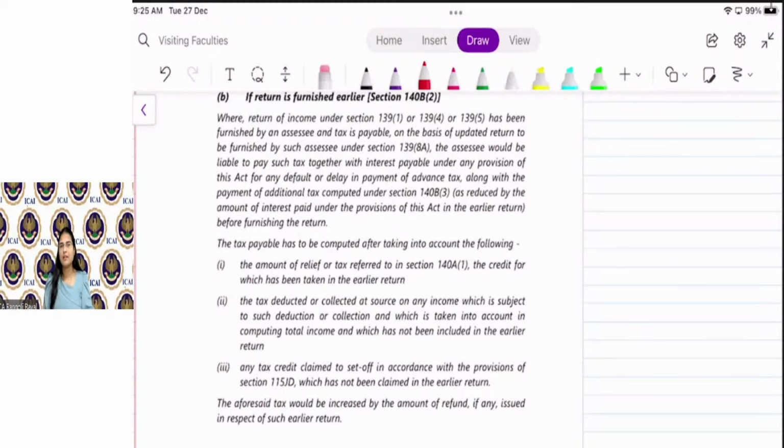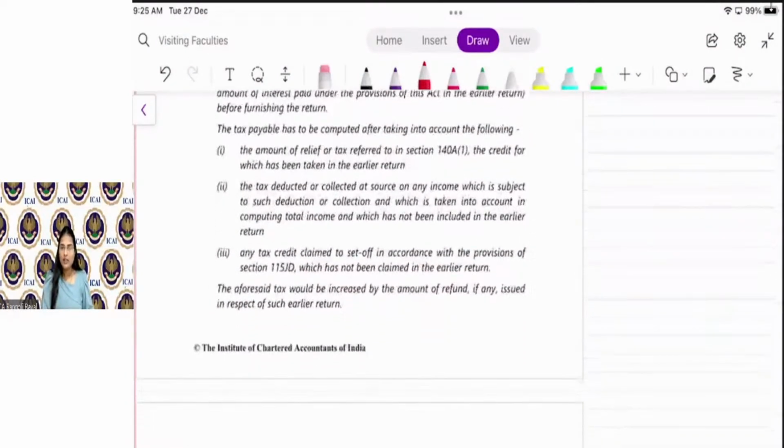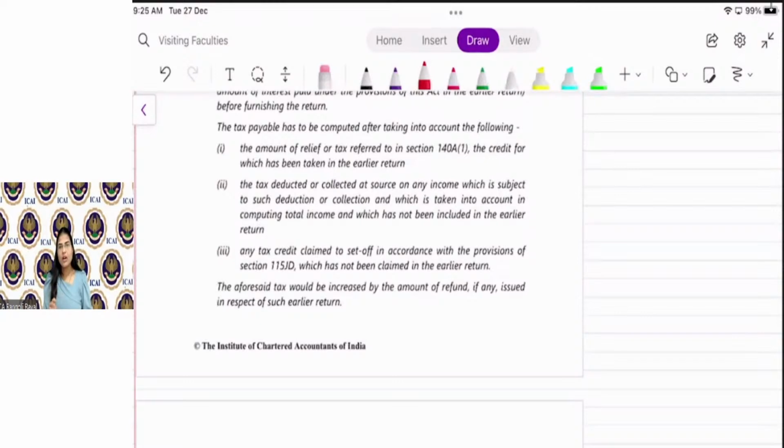Now I am filing an updated return. In updated return, I am disclosing additional income. So because of that additional income, whatever tax liability arises, that I have to pay at the time of filing updated return. Okay, so at the time of updated return, you have to calculate your revised tax liability. From revised total tax liability, you have to deduct the tax already paid in earlier return, the credit already taken in earlier return, and after that, whatever balance comes, you have to pay that to the government.